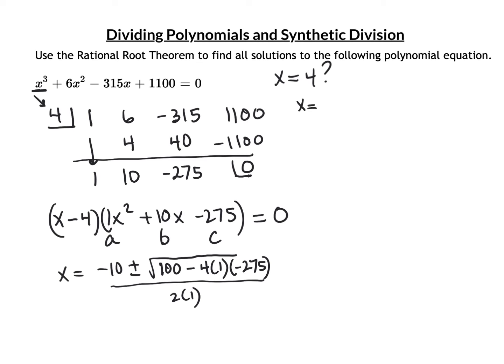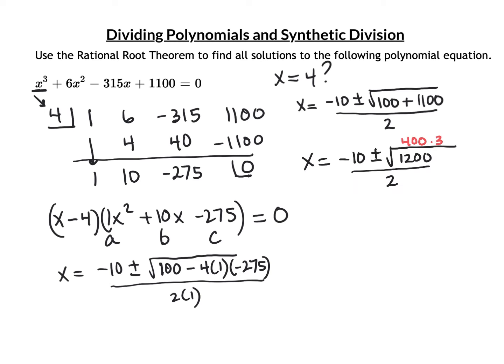This becomes x equals -10, plus or minus. I'll punch that in the calculator. We get -10 plus or minus the square root of 100 plus 1100, because below we had a double negative. This simplifies to -10 plus or minus the square root of 1200, all divided by 2.